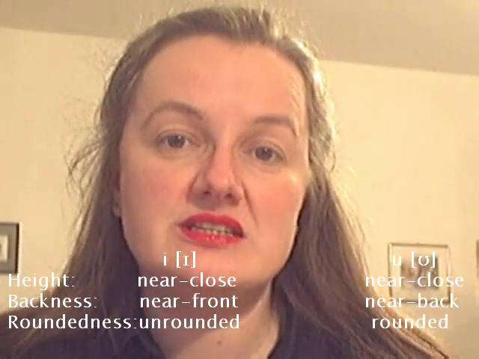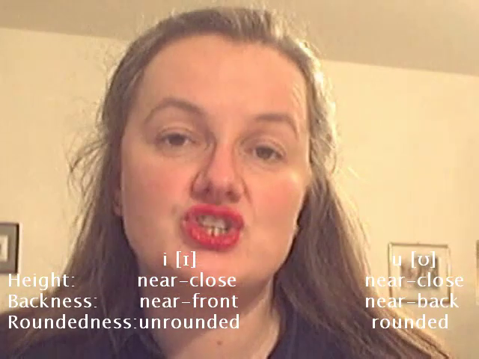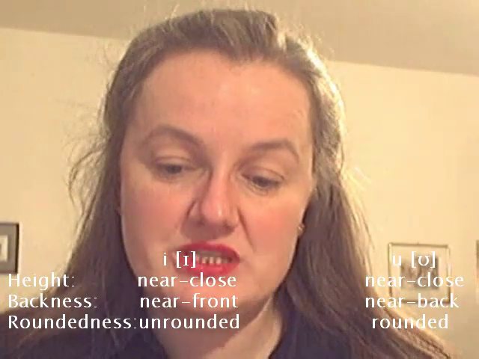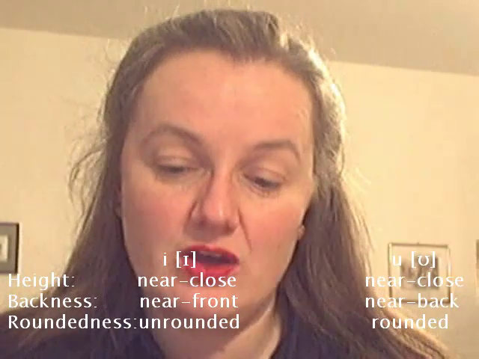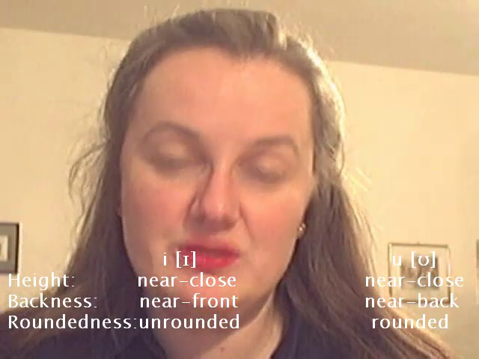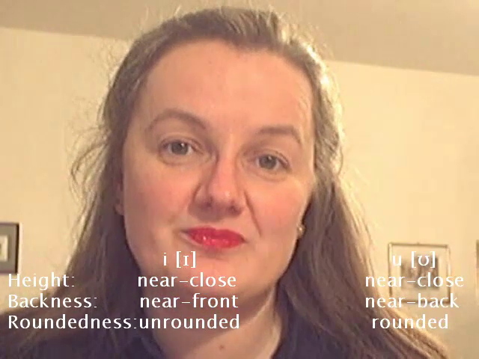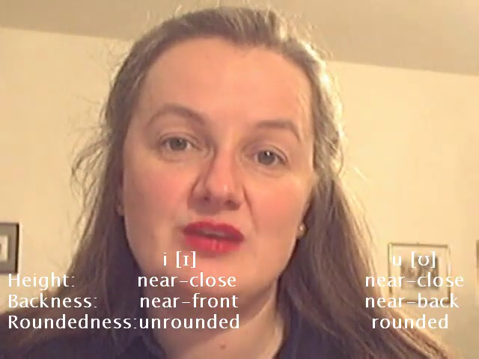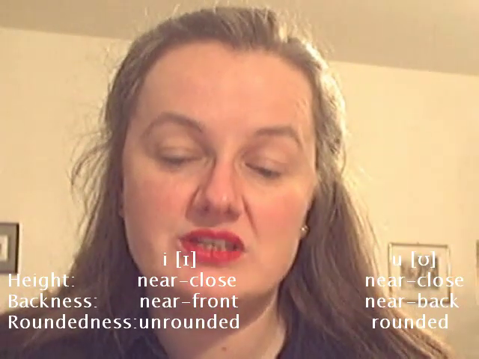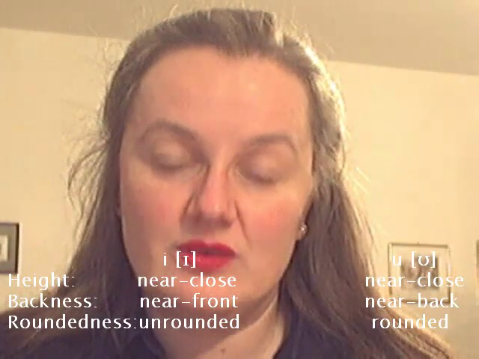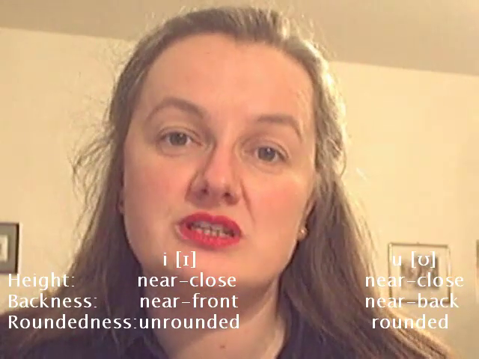Concerning the roundedness, you can say it's generally rounded. The lips are rounded to a greater or lesser degree. So it's a bit ambiguous, but generally you can say we have a roundedness, but this roundedness is not protruded.